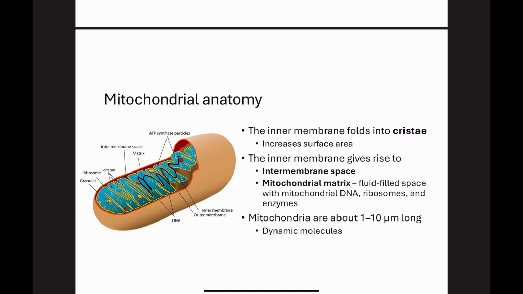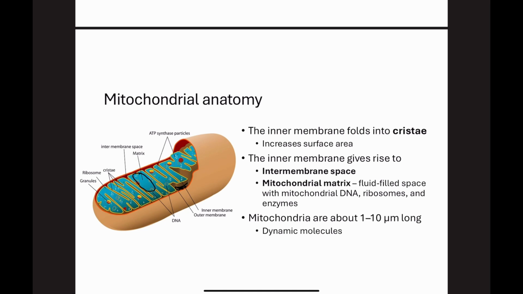It creates the intermembrane space, which is the narrow region between the inner and the outer membranes, like this space right here. And it also creates the mitochondrial matrix, which is a fluid-filled space that contains DNA, ribosomes, and enzymes.